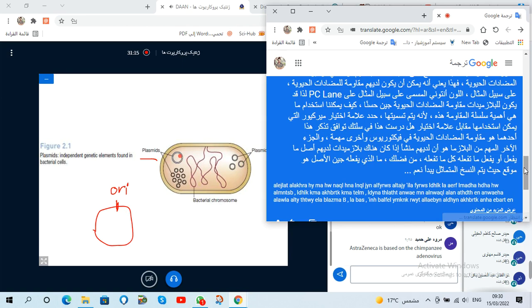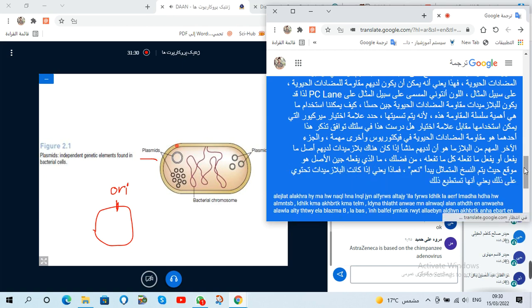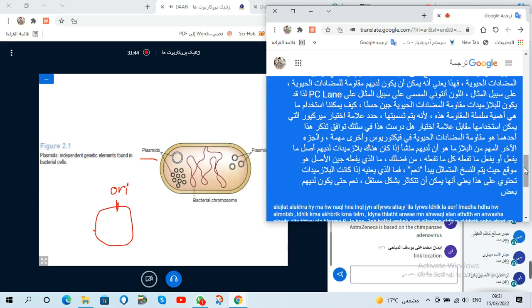So, what does it mean if the plasmids have it? It means that they can replicate independently. So, they have some specific characterization.